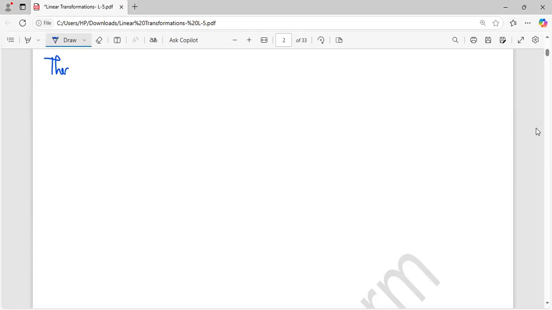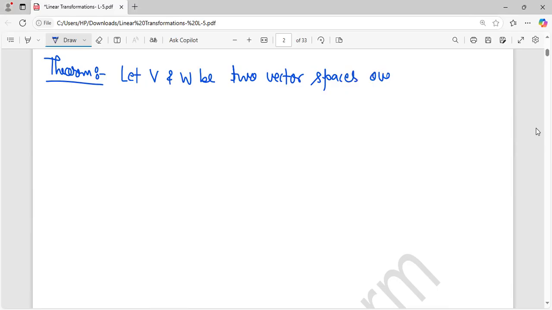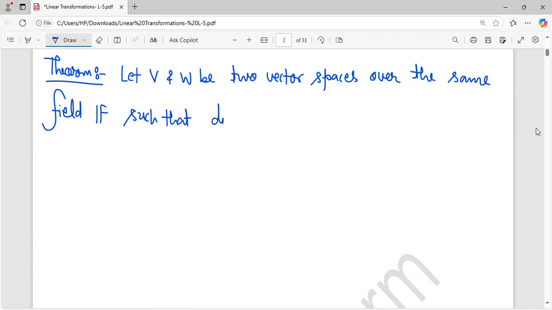Today we are going to do this theorem. Let V and W be two vector spaces over the same field F, such that dimension of V is equal to dimension of W. It means the dimensions of V and W are the same and they are finite.